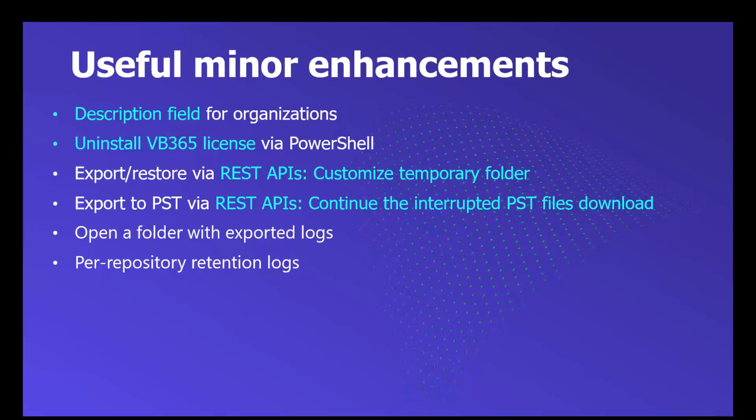Another great one is the REST APIs for continuing the interruption of PST file download. So it used to be set up in such a way where if you would export a PST file, so your whole email archive, so to speak, if there was any kind of disturbance on the network, timeout, interruption, whatever it is, when resuming, this PST file would start downloading from scratch again.